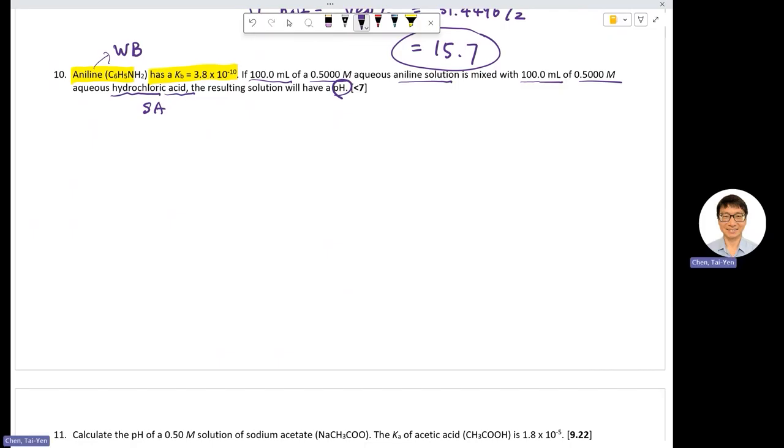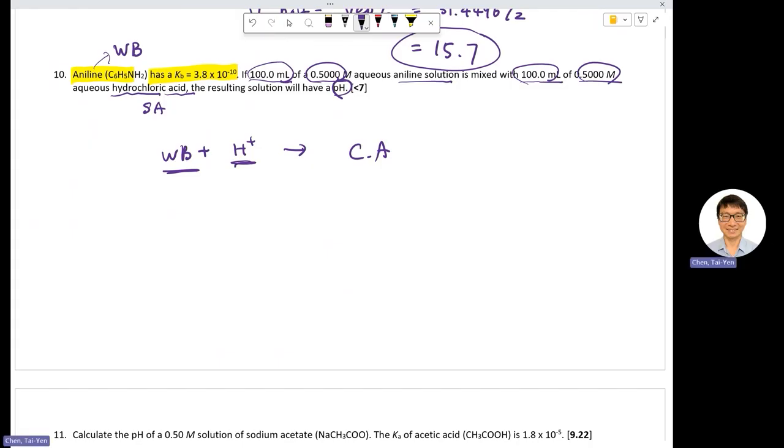So we know you have a weak base plus a strong acid. This is going to produce its conjugate acid, right? A weak base reacting with a strong acid H+ produces the conjugate acid of the weak base. Then you look at the amounts: 100 mL, 0.5 M, and 100 mL, 0.5 M. That means the same amount, so they consume each other.